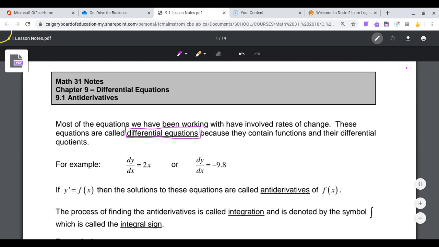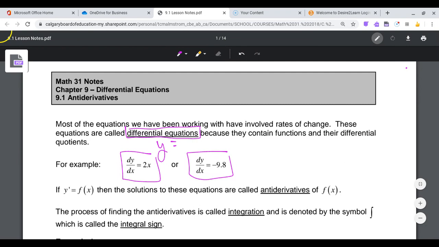Basically, that's just these examples here, the derivatives that we have found, okay? Differential equations are basically our derivative equations, because when you look at this first one, dy/dx is equal to 2x, it's just saying the derivative of y in terms of x was 2x. So what we need to figure out was what was the original function in terms of y.